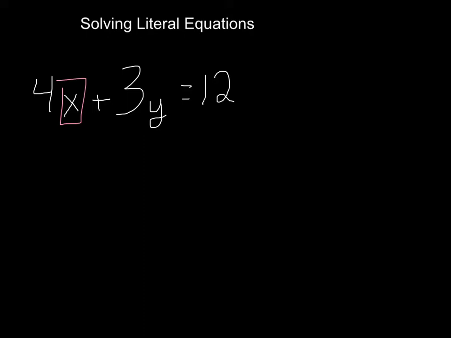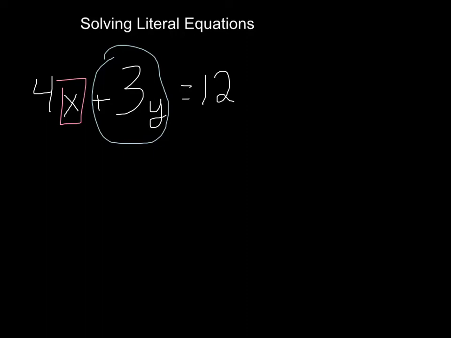The first step I always use in solving an equation for x, whether there's other variables in the equation or not, is to take the piece or the term that's on the same side as that x and move it over to the other side. So looking on the left hand side, I see this plus 3y, and that's not a part of the x, so I want to move that right away to the other side.